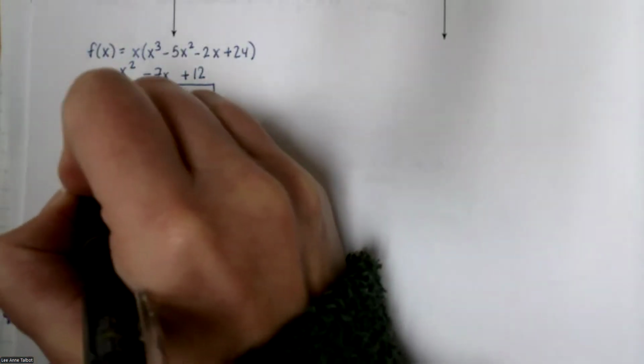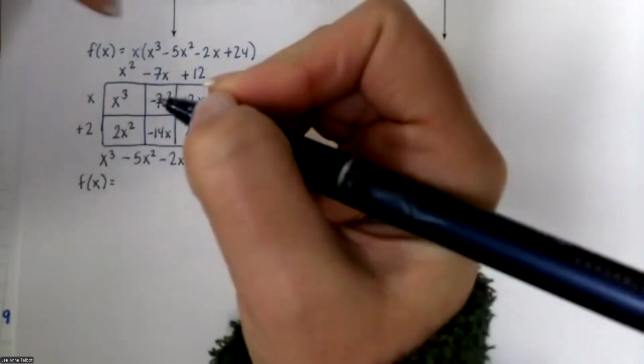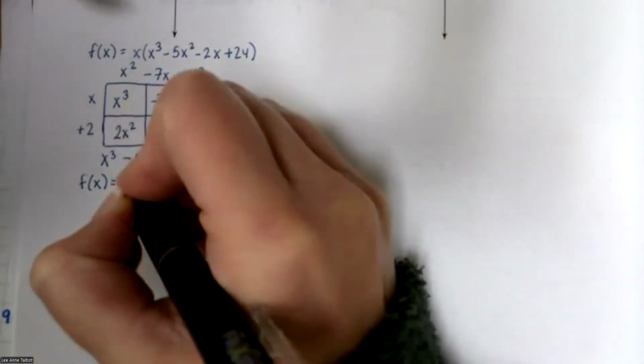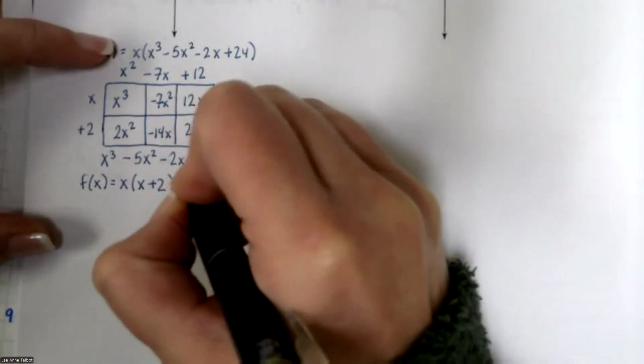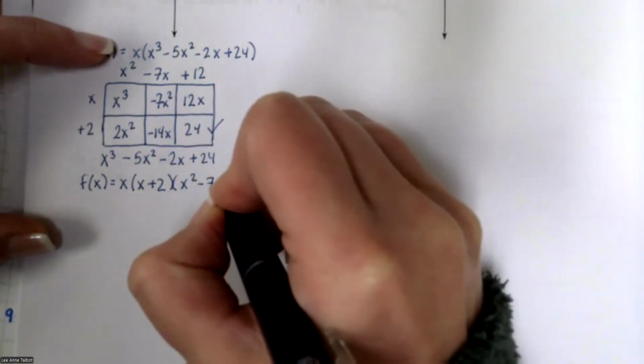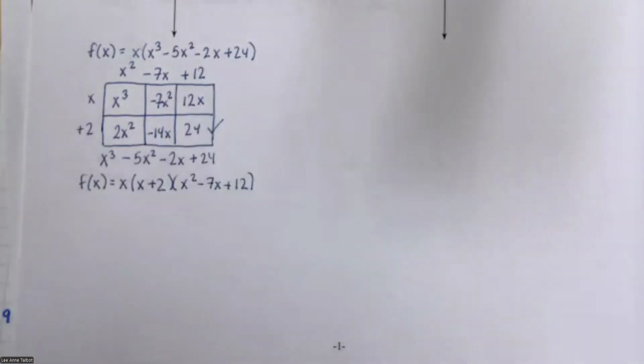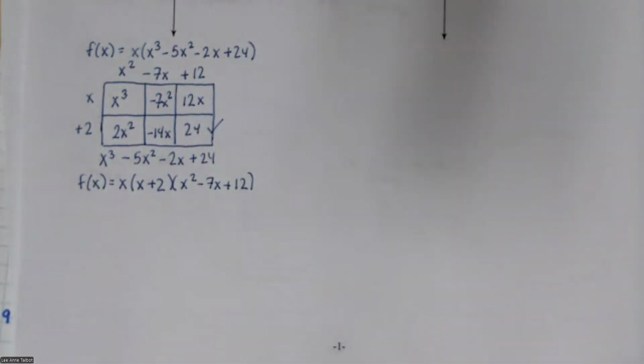Okay, so at this moment, I have f of x equals the x that I factored out, the x plus 2 that I divided by, and x squared minus 7x plus 12. And that is diamond and boxable, correct?